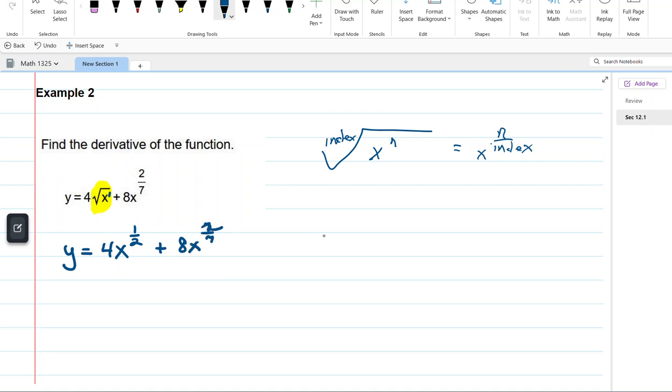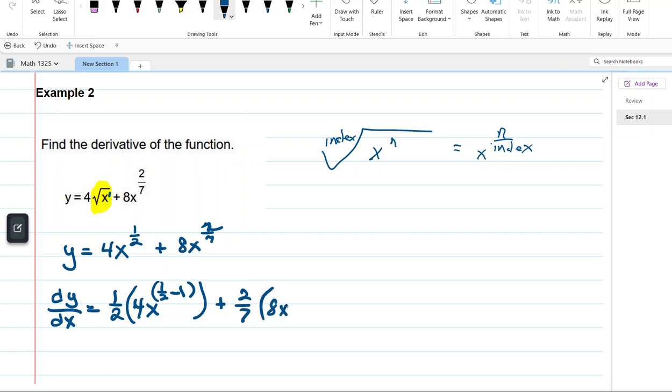All right. Now we take the derivative, because it is a form of a polynomial, kind of. dy/dx equals 1 half times 4x to the 1 half minus 1, plus 2 sevenths times 8x to the 2 sevenths minus 1.